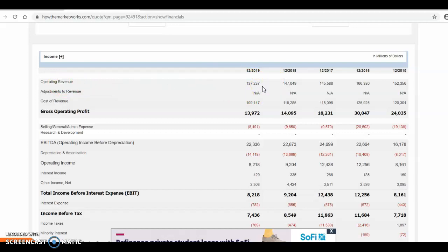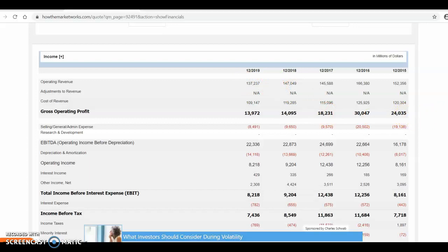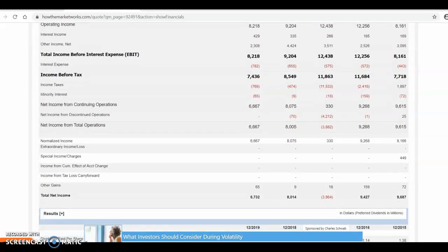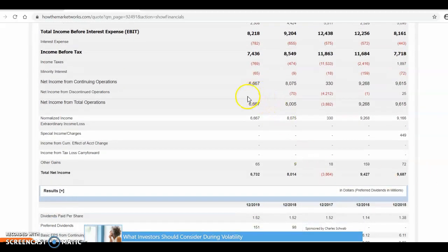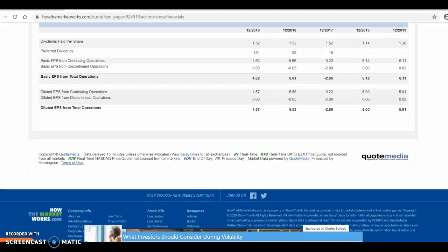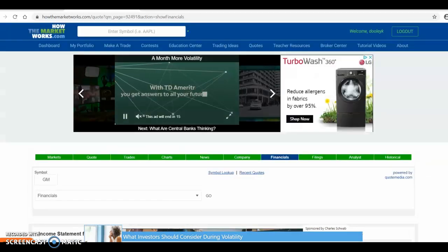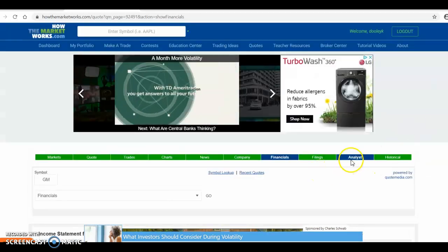Millions means you're going to add 6 more zeros to that, so that would be $137,237,000,000 of sales. And here's our net income down at the bottom. They had $6,667,000,000. So you would want to take a look at those.